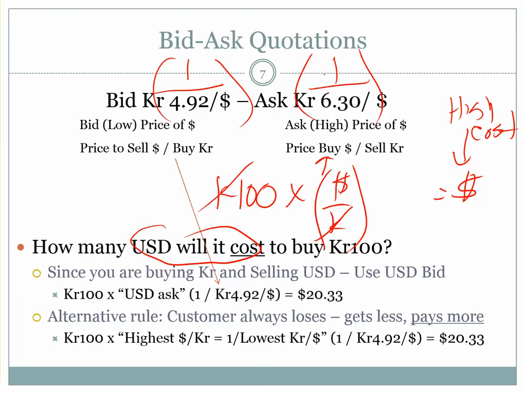The highest value, just looking at these ratios, 1 over 4.9 or 1 over 4.6 or 1 over 6.3, is 1 over the lowest denominator. So I knew to use the highest dollar per crown, which is 1 over the lowest crown per dollar. And that becomes your answer, 100 divided by 4.92, which is $20.33.